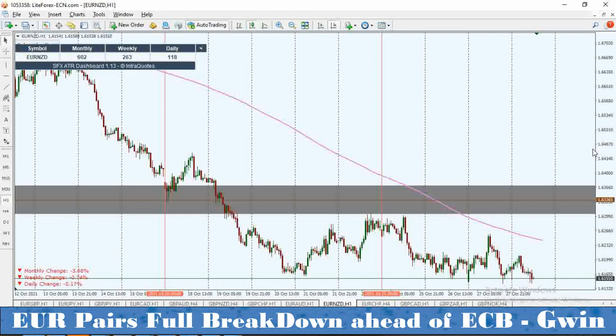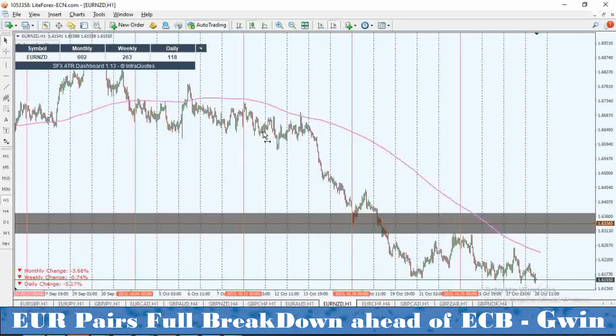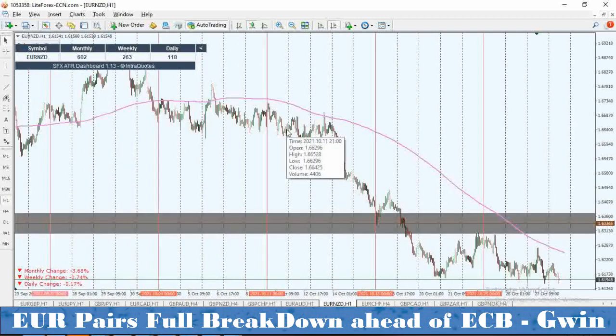We could also expect that the ECB could make some statement with regards to the bond purchase program that was started during COVID. I would also expect that they want to give some life back to the euro, because if they don't do that, we're going to see the euro continue to slide against the majority of pairs, because that's also what is playing out.